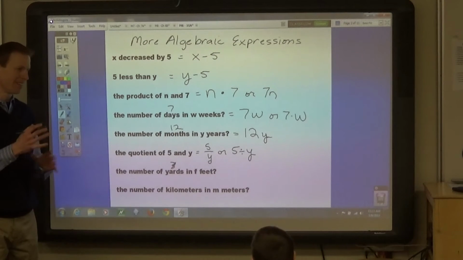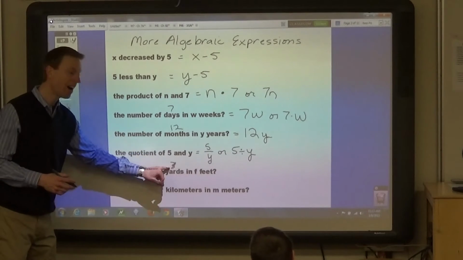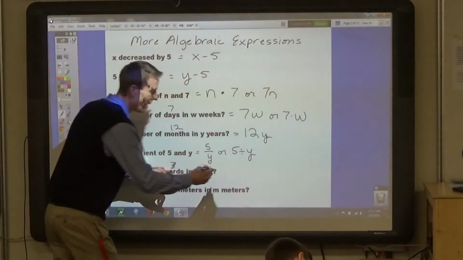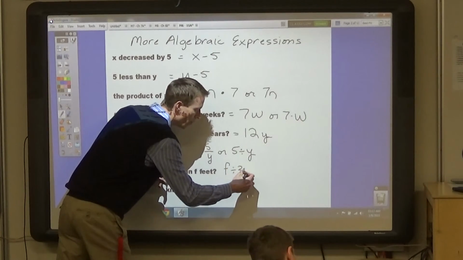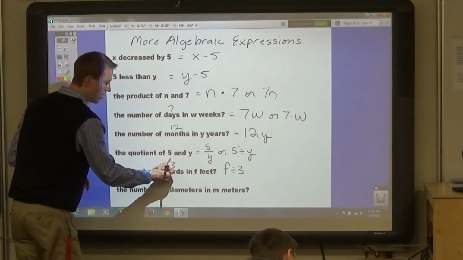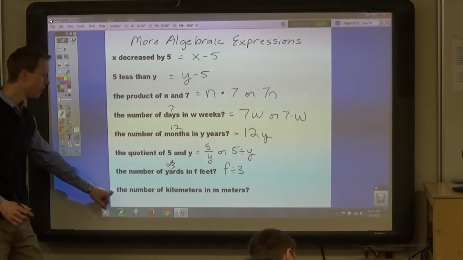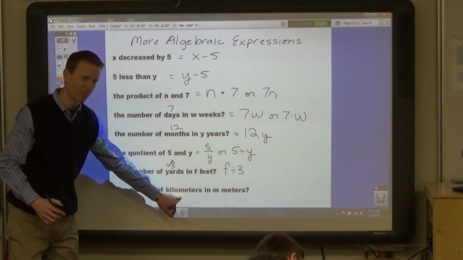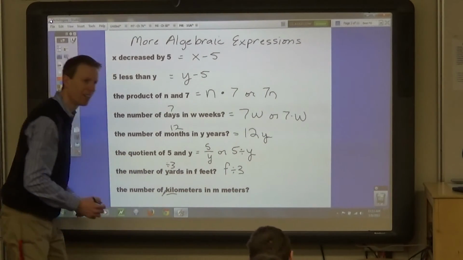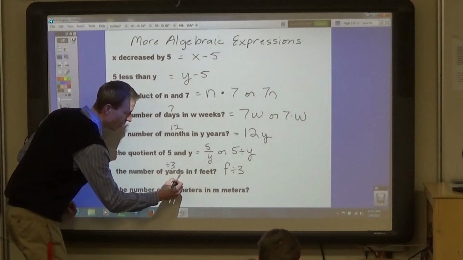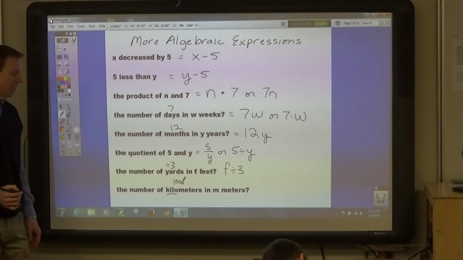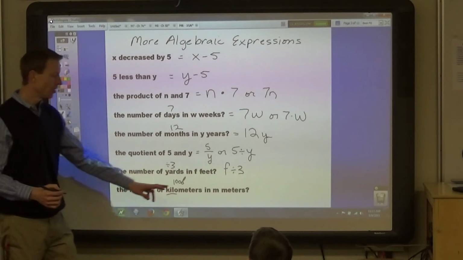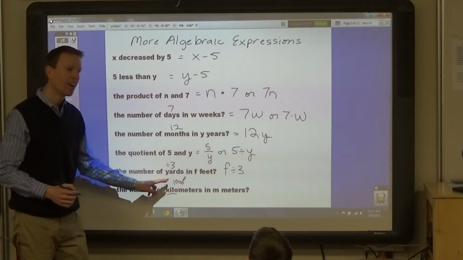F divided by 3, right? To get the number of yards. And to get the number of kilometers. Remember, kilo stands for 1,000. So, m divided by 1,000. Good.